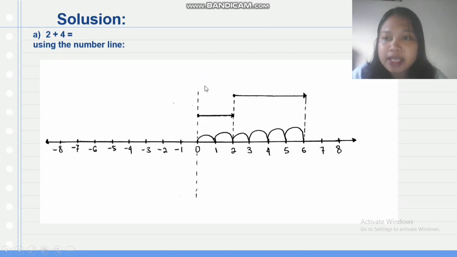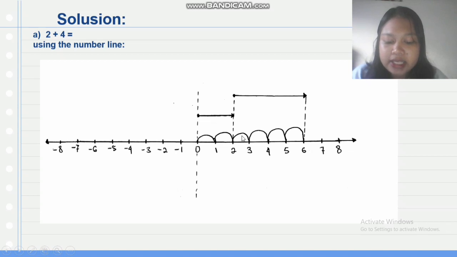Because the problem is 2 plus 4, the first one is made at 2, which from the 0 point moves 2 steps to the right. 1, 2. Like this. 4.